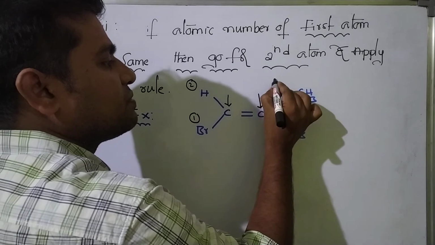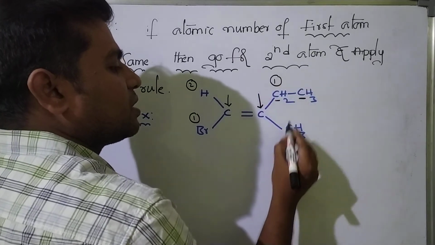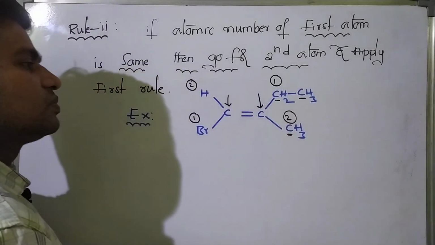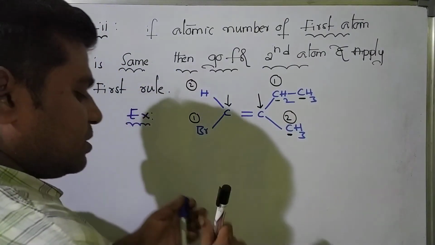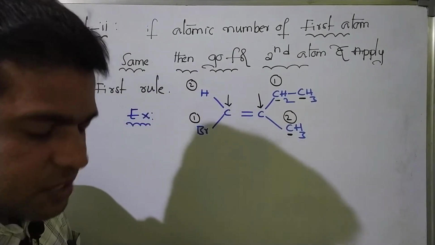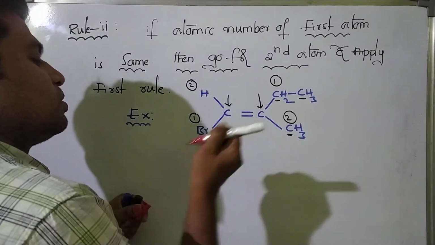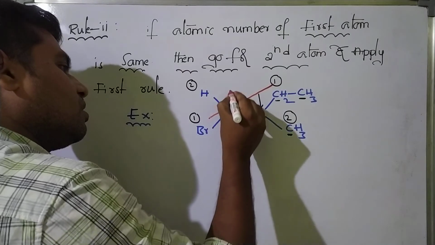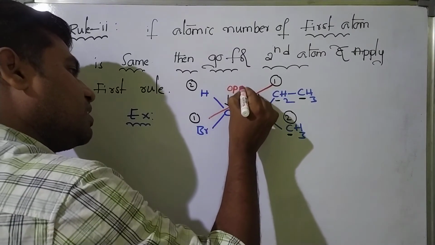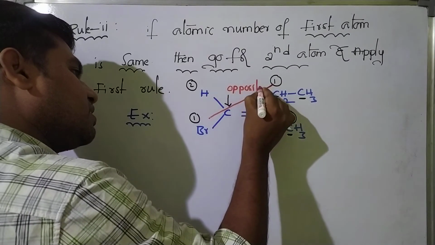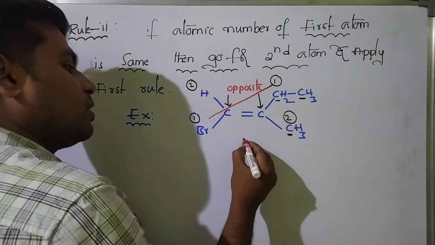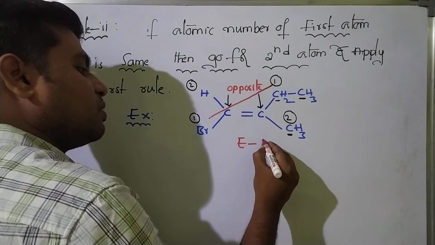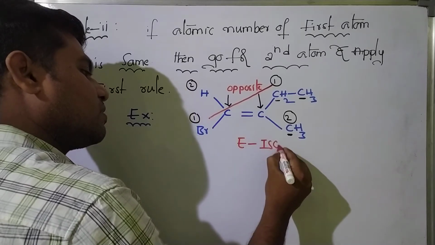So this will get first priority. So this will get second priority. So in this case, the first priority groups are opposite side. So definitely this molecule is E isomer.